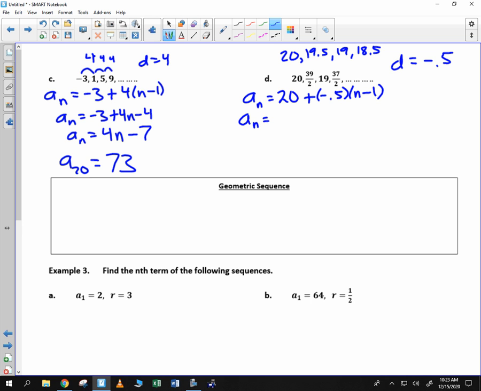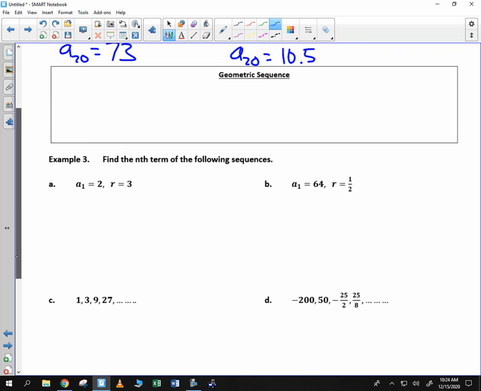Where a sub n is 20 minus 0.5n plus 0.5. A sub n is 20.5 minus 0.5n. So if you want to know the 20th term, plug in 20 for n. 0.5 times 20 is 10, and so we get 10.5.